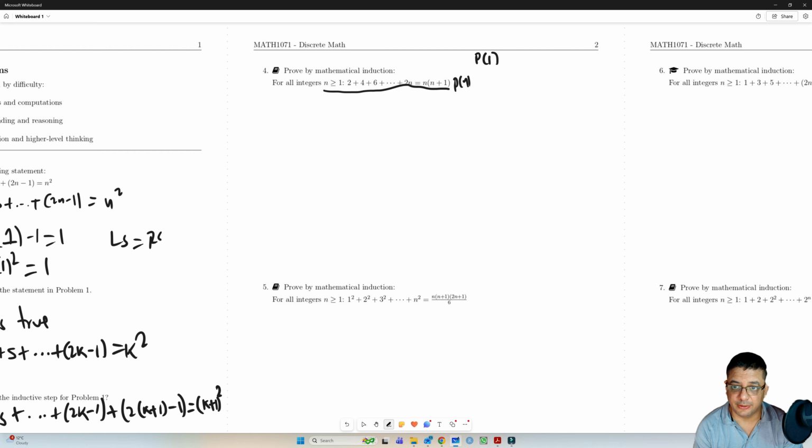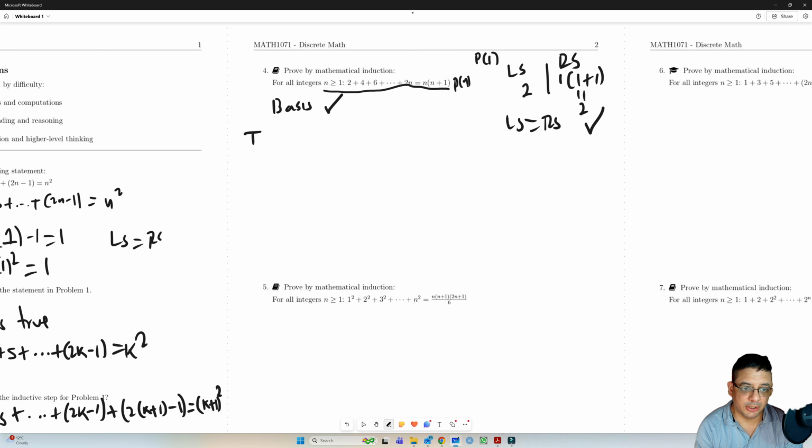On the left side, we have just 2, because the first element is 2. On the right side, it's 1 times (1 plus 1), which is also 2. So the left side equals the right side, and the basic step works.